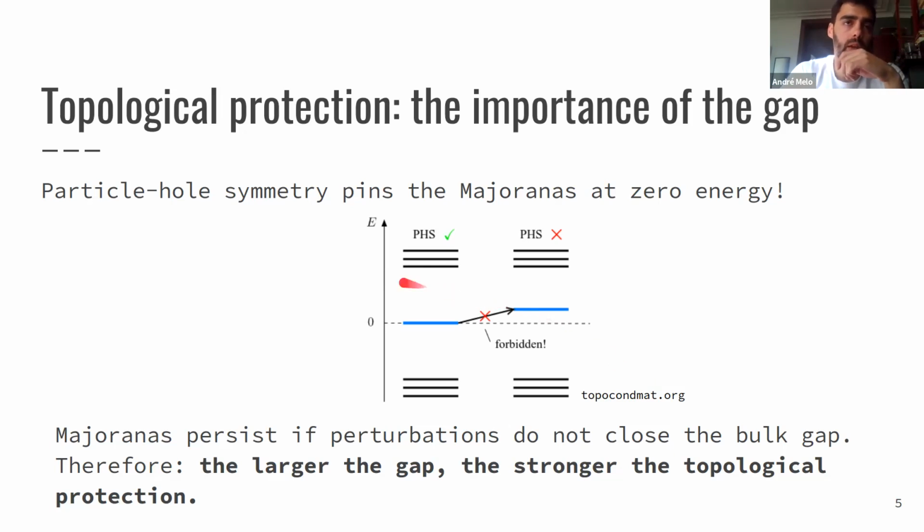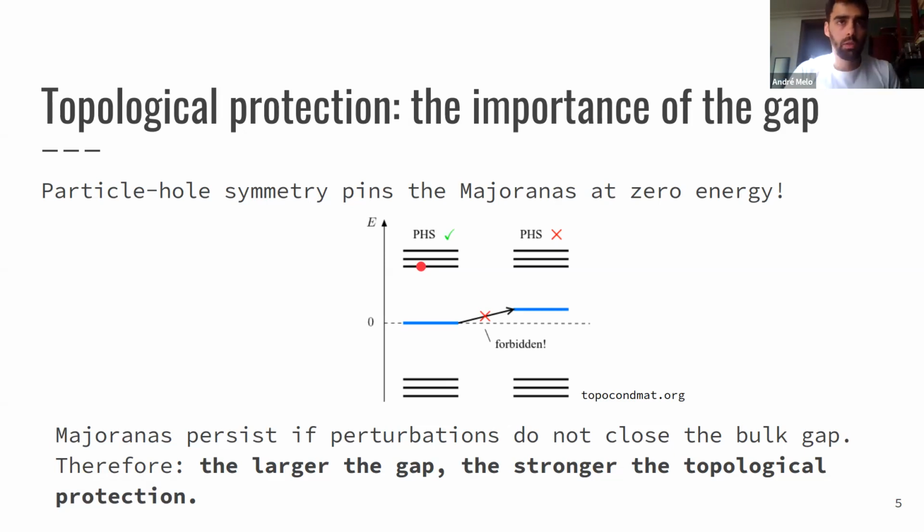In other words, if you have a level at some positive energy, you need to have a particle-hole symmetric partner at minus that energy. And so ideally, your Majorana system looks like this. You have your Majoranas at zero energy, and then you have some eigenstates separated by a finite energy gap.